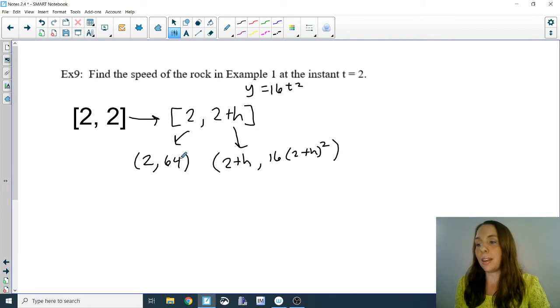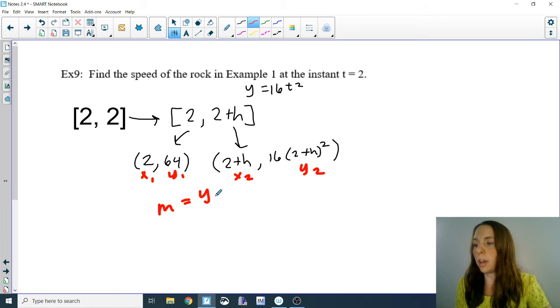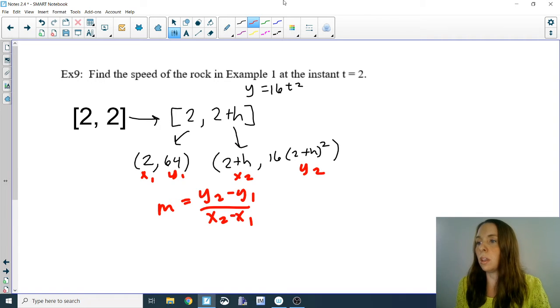Okay, and now what we're going to do is we have an x1, y1, x2, y2. Just to be very clear here, because I don't want you to lose sight of this fact, I am doing slope. I'm doing m equals y2 minus y1 over x2 minus x1, something that you've known since pre-algebra or even earlier.